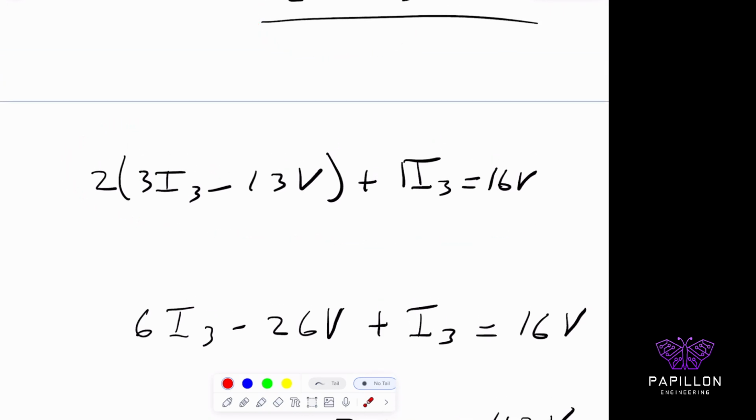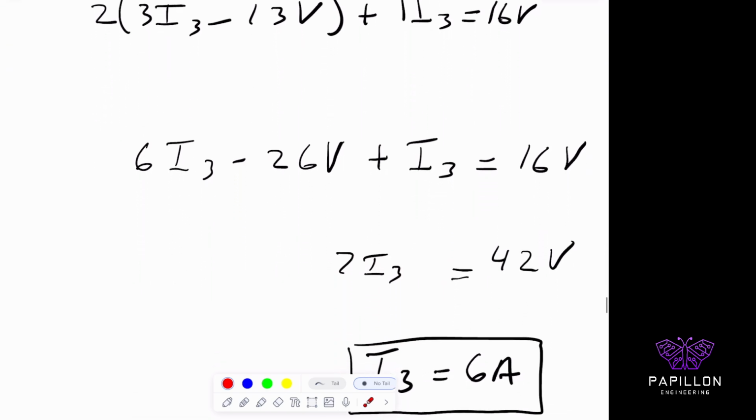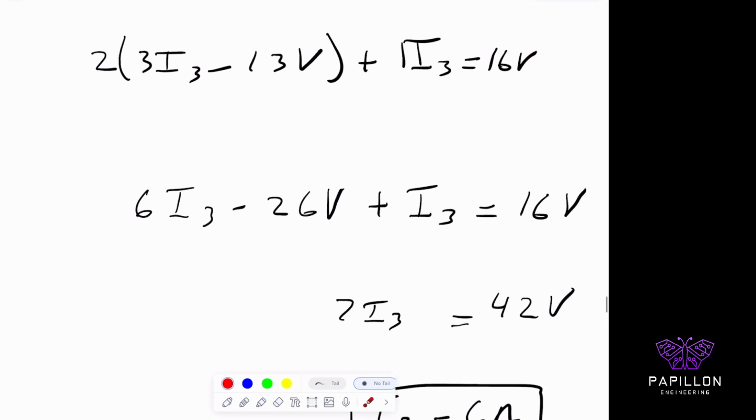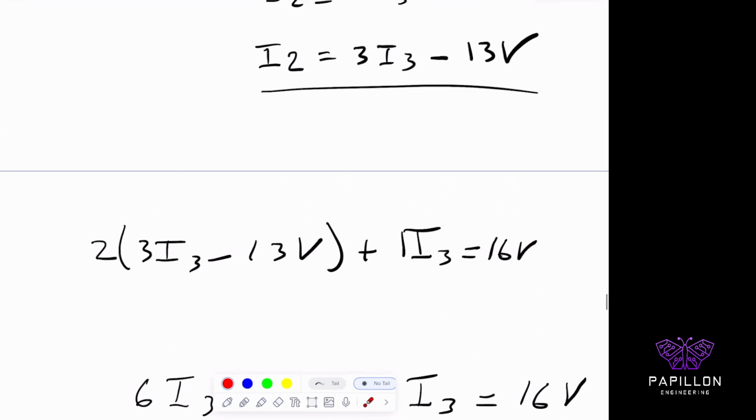And when you do that, I finally have my one unknown, right? So finally, I get back 7I3 equals 42 volts. And then eventually I3 equals 6 amps. So look at that very carefully on how I did that. And I'll scroll back up if I went too quickly, or just pause and go back.